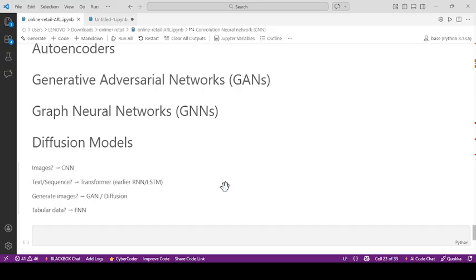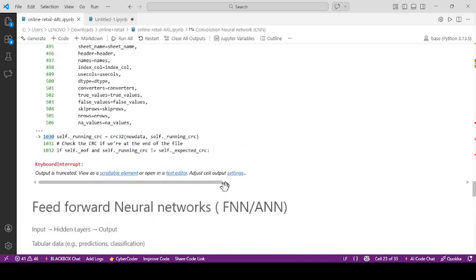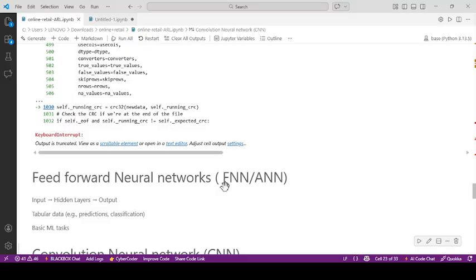For generating things using generative AI, you can take the help of GANs or diffusion models, which are mainly used for generating images. Finally, if you have tabular data, you can go directly for FNN, feed forward neural networks, which is the basic one.